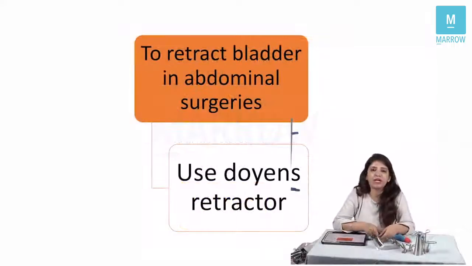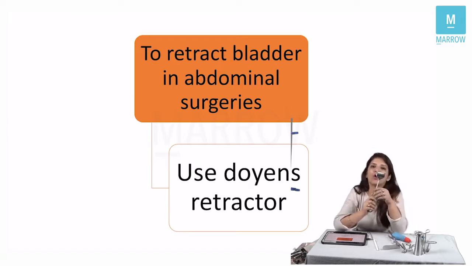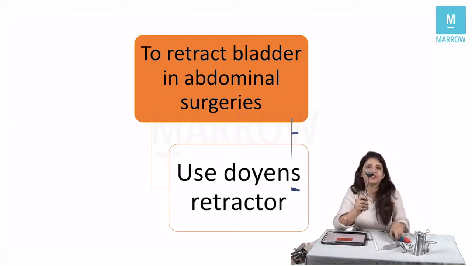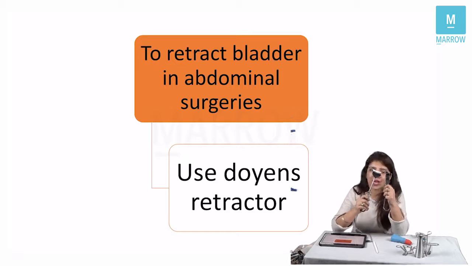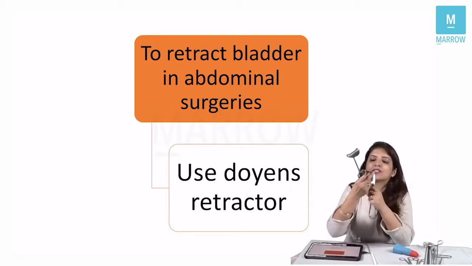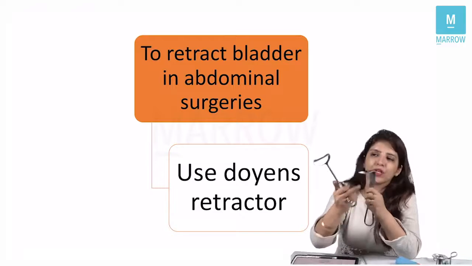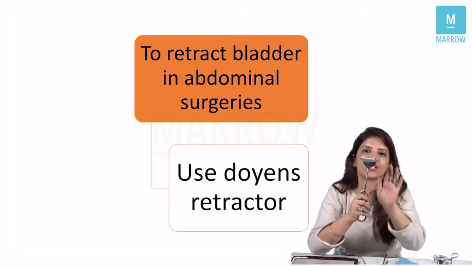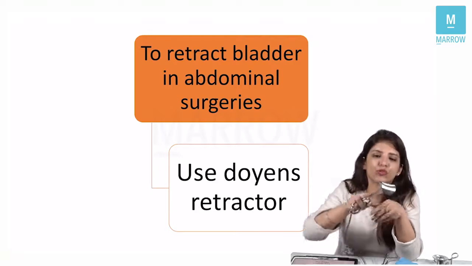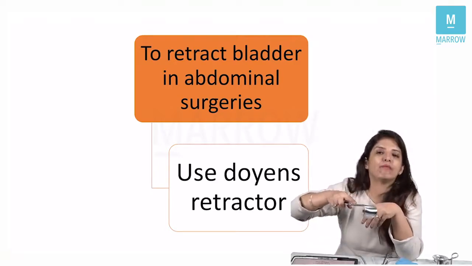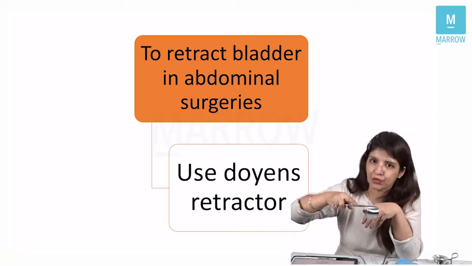Now, same thing if I want to retract the bladder during abdominal surgeries, then the retractor which I use is a Doyen's retractor. It's very easy to identify Doyen's retractor from a Landon's retractor. Landon's retractor is L-shaped. It has a narrow flat blade, whereas a Doyen's retractor will have a curved and a broad blade. So it is used for retracting the bladder in abdominal surgeries, right?